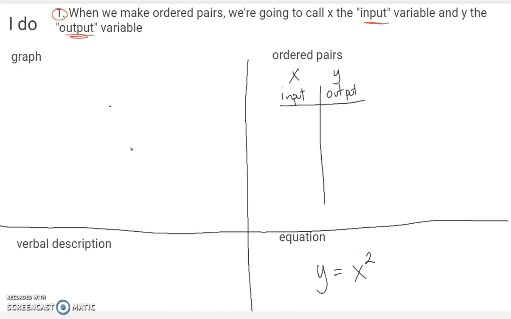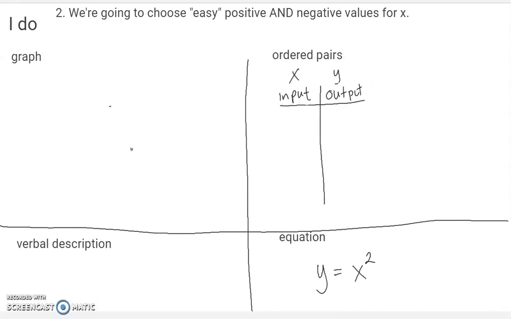That's our first change. Second, we're going to choose easy positive and negative values for x now. As we move into abstract, rather than always just picking 0, 1, 2, 3, which are still great and I am still going to pick them, I'm also going to start looking at negative inputs, negative choices for x as well.